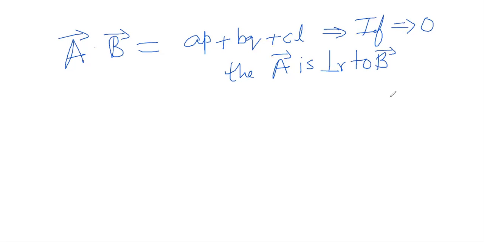It is a rule. Nothing to understand. The rule is that if the dot product of two vectors is 0, then the vectors are said to be perpendicular to each other. Using this condition, we are going to do the numerical now.